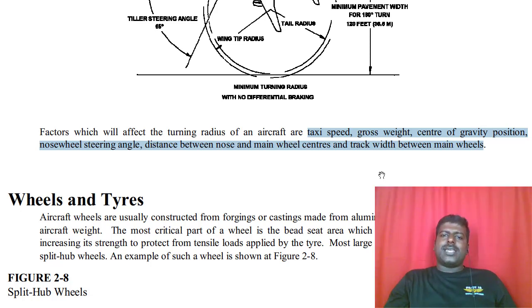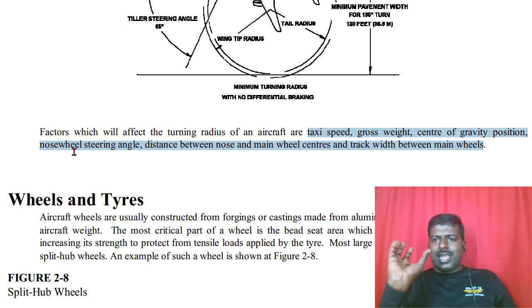Then comes the center of gravity position. If the center of gravity position is within the prescribed limits, okay, then that's fine, and it will go around in a prescribed radius itself. And the nose wheel steering angle. If the nose wheel steering angle is too much, then it will provide a very small turning radius.